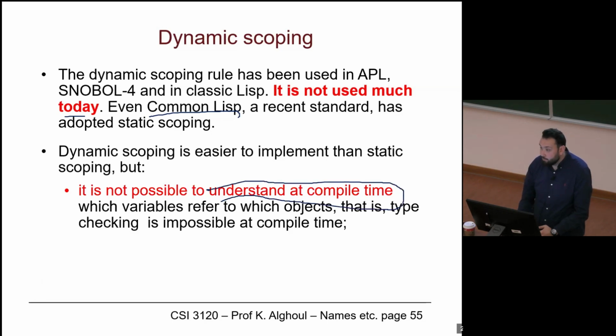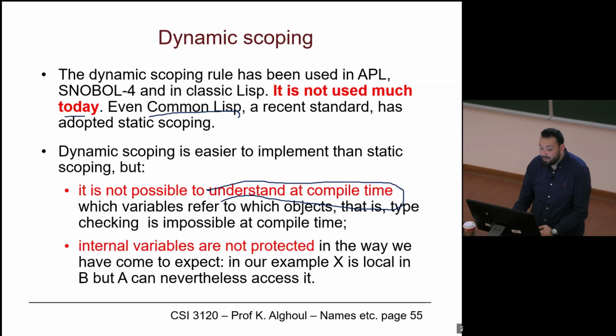That's the problem. Also internal variables are not protected, so there will be more issues with dynamic scoping. That's why everyone is switching back to static. It takes a bit more time to implement static scoping, but it saves you lots of errors and other things. And that's it.